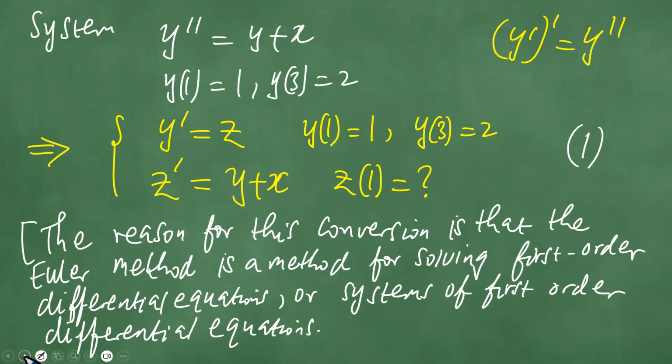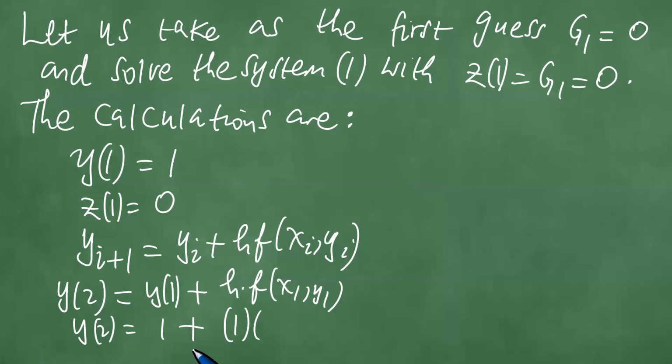So now we're going to have z1 here. Z1 is 0, and the answer is 1. So you have y2 is 1.